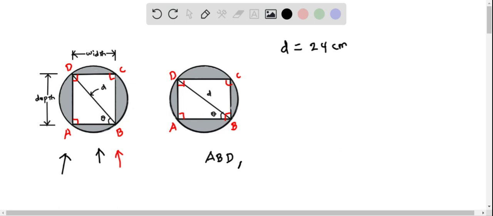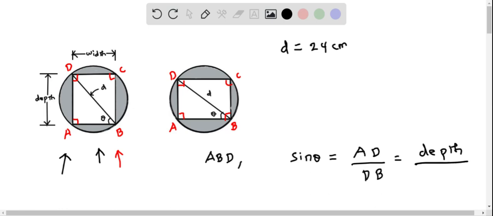In this right triangle, I can write down a trigonometric ratio, that is sine of theta. This is equal to opposite side by hypotenuse. Opposite side is AD and hypotenuse is DB, which we can write down as opposite side AD, basically representing the depth, divided by DB.